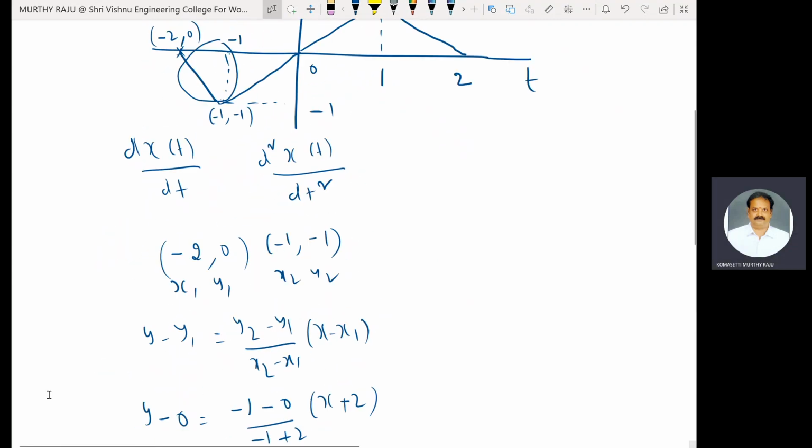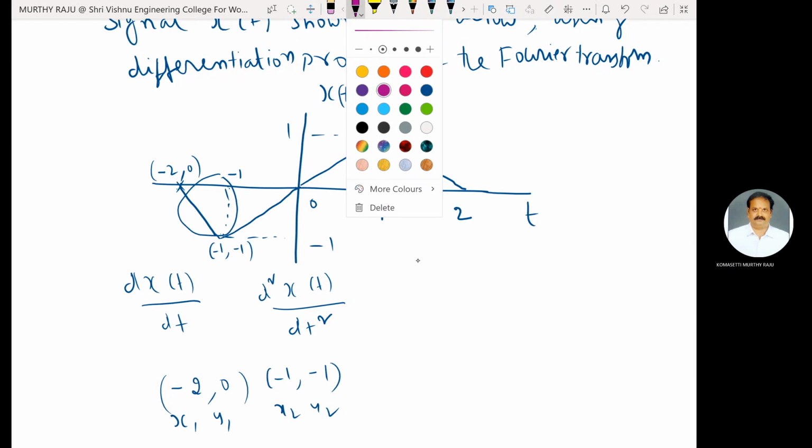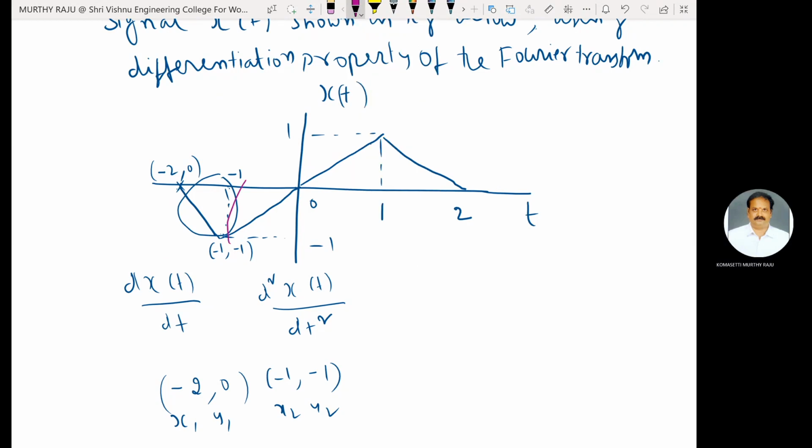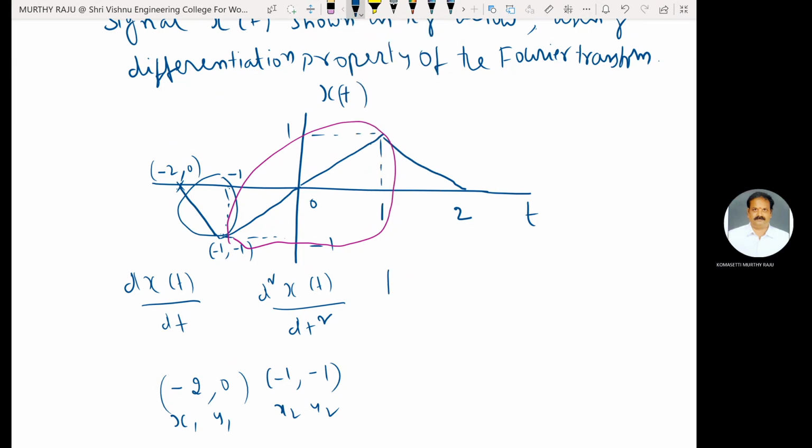Coming to this portion, here the coordinates are minus 1, minus 1, and here the coordinates are 1, comma 1.